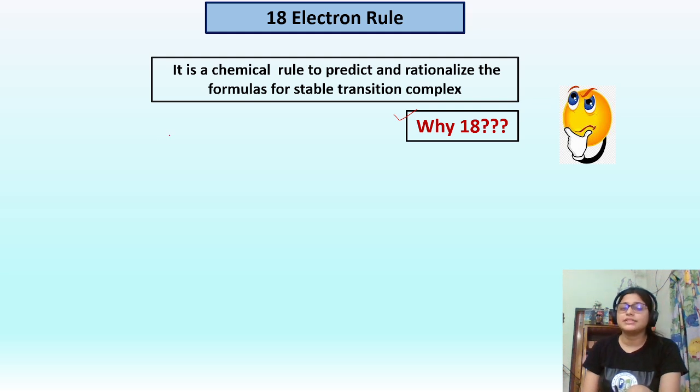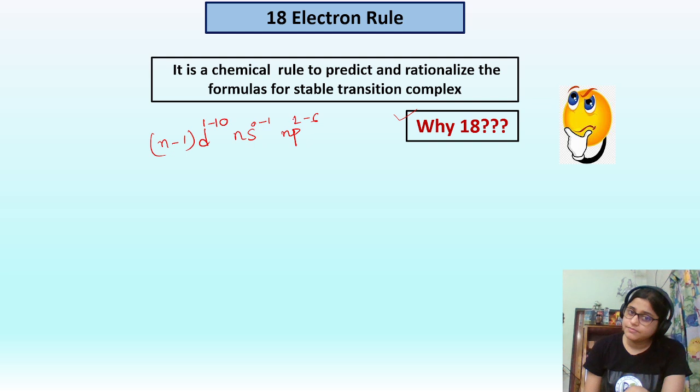Because for any transition metal, we know that it has d electrons in (n-1)d, like 3d, d1 to 10, then ns 0 to 2, and np 0 to 6. It can vary actually.